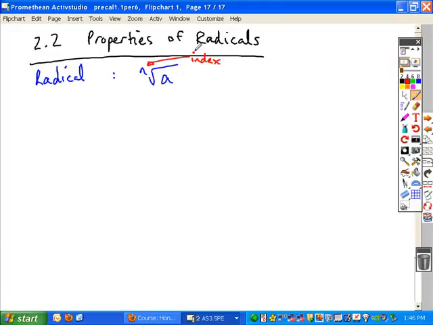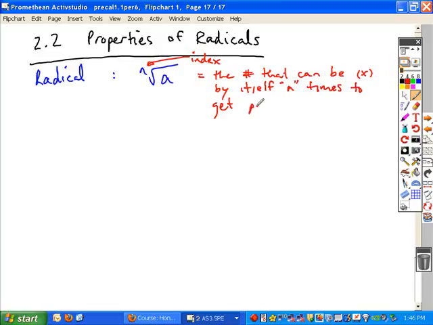The answer, the nth root of a, is the number that can be multiplied by itself n times to get the product a. So that's what the nth root, or any radical, the index, means.